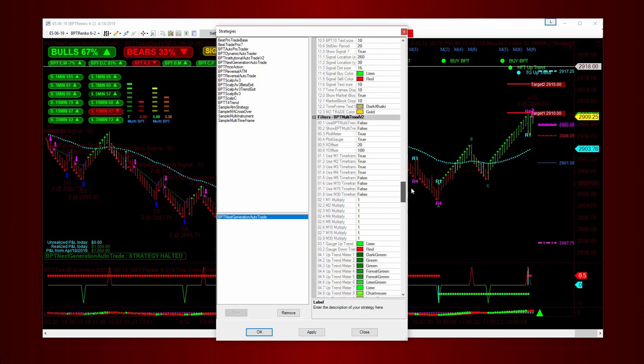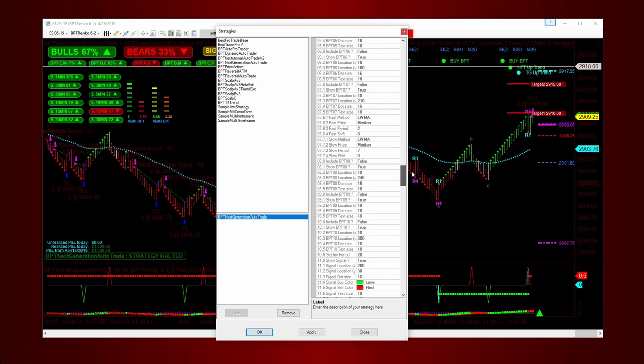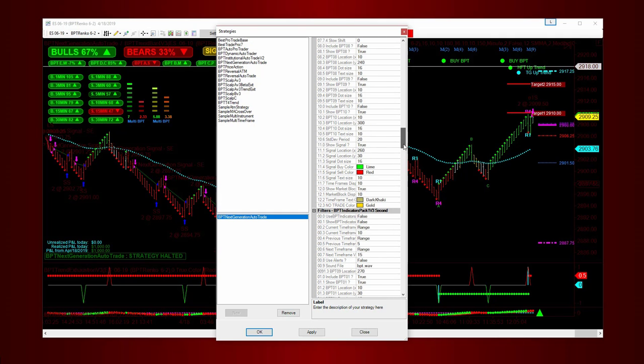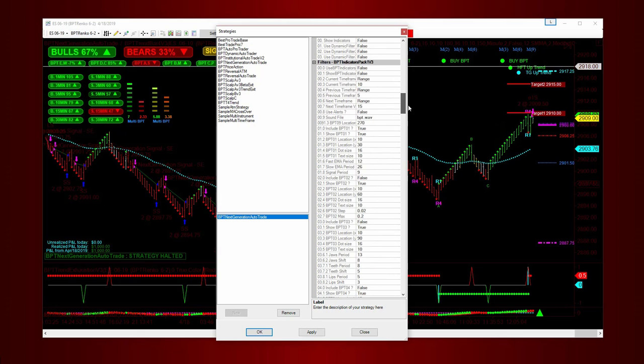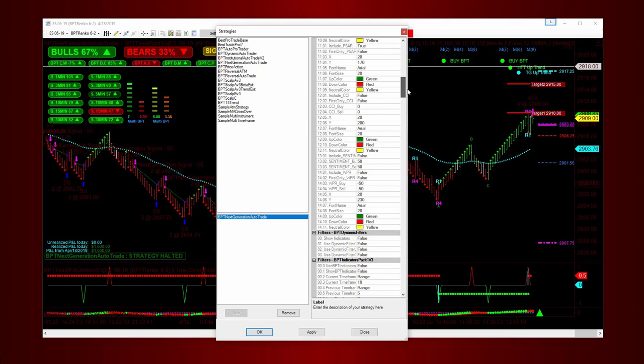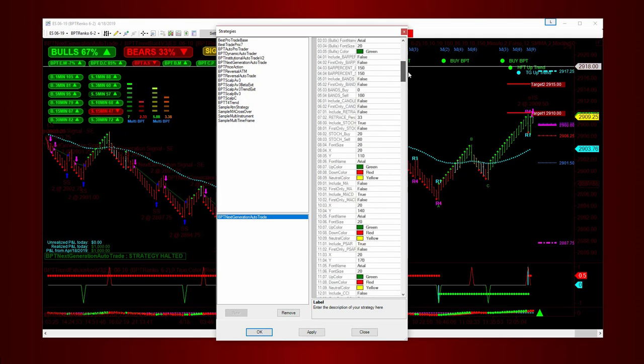This is a huge auto trade, and the amount of work we have done on it is beyond your imagination. I admit it is an extremely complex auto trade.